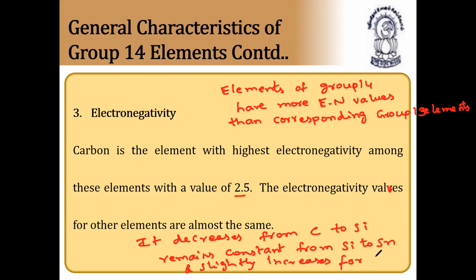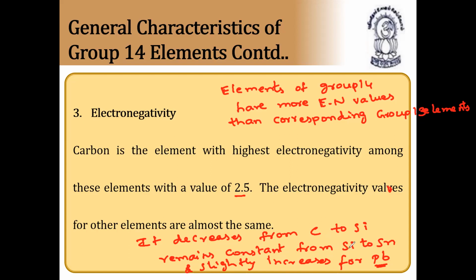It slightly increases for lead due to the increase in effective nuclear charge. So the electronegativity values, however, decrease from carbon to silicon, remain constant from silicon to tin, and then slightly increase for lead. This is due to the filling of d orbitals in germanium and tin, and both d and f orbitals in lead.